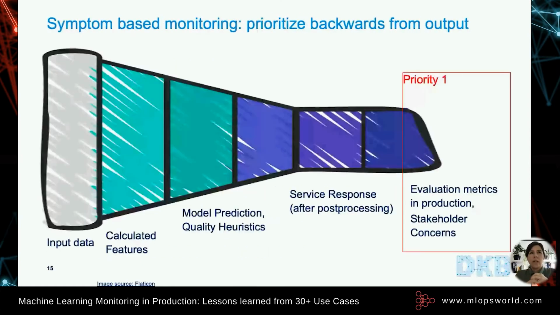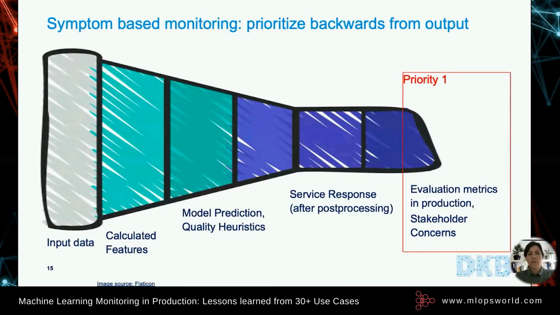Okay, now that we have a concrete example, let's talk about how to prioritize machine learning monitoring for this use case. Generally, my recommendation is that we prioritize backwards from the output. Very similar to site reliability engineering-based monitoring, we want to focus on the impact on the end user.